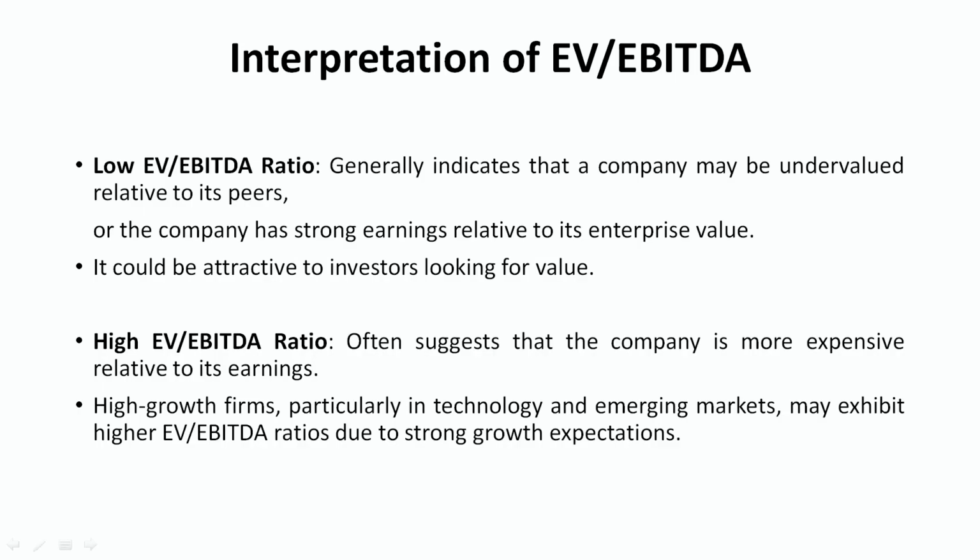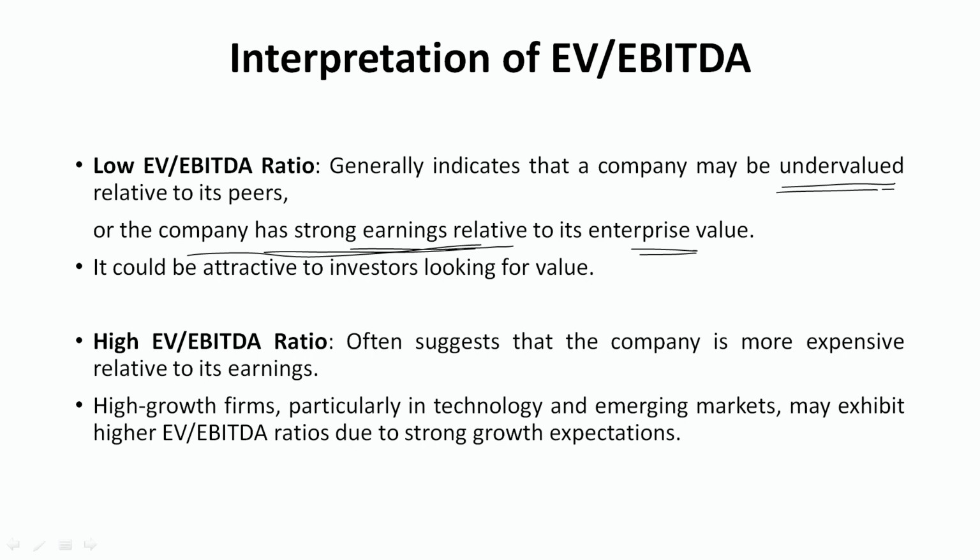So going into the interpretation of enterprise value to EBITDA, a low ratio normally indicates that the equity is undervalued. There should be a benchmark, right? So it is undervalued relative to its competitors, or the company has a very strong earning relative to enterprise value.